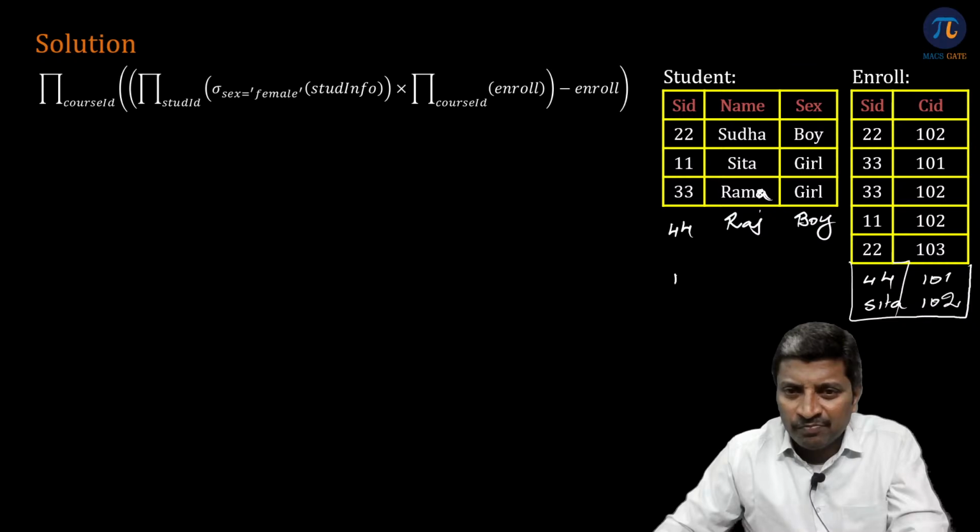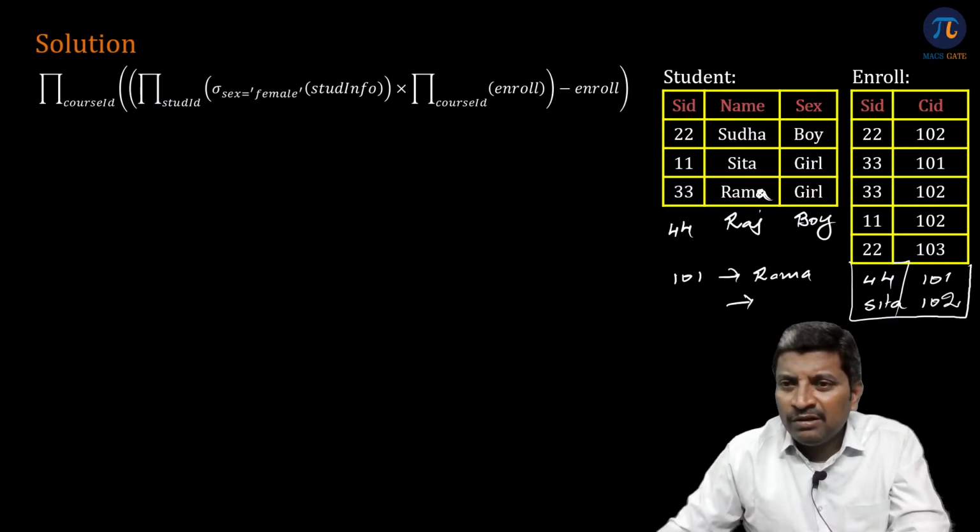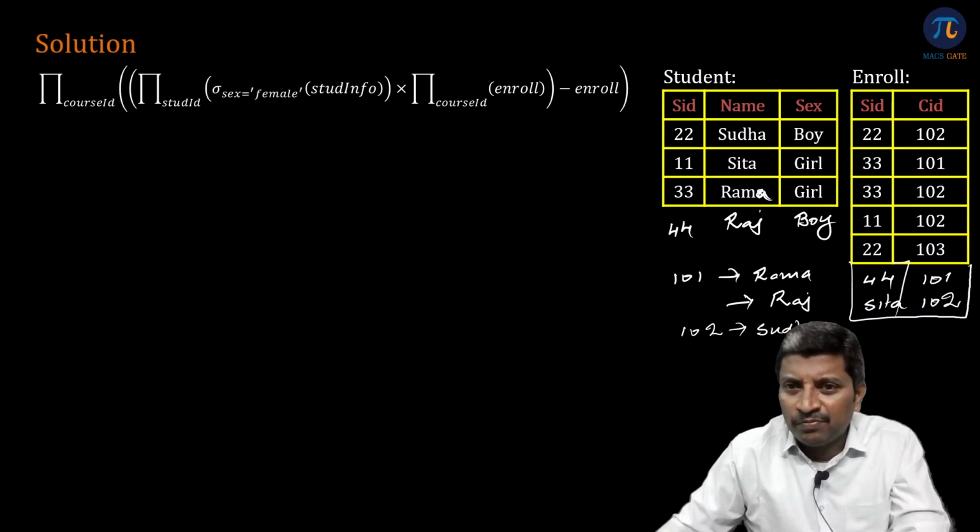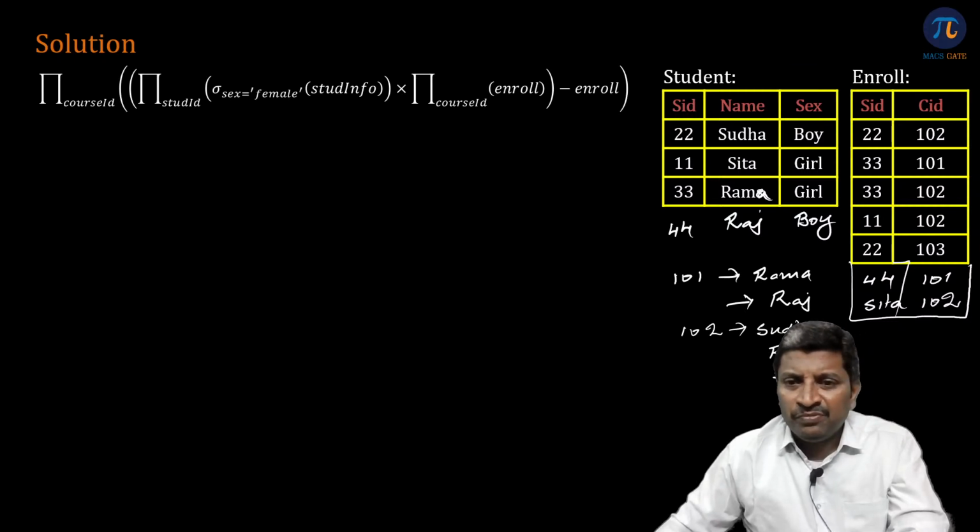Please observe it. 101, who was taken? 33, Rama taken. Then 101 taken by 44, that is Raju. Then 102, it was taken by Sudha. It was taken by Rama. It was taken by Sita.